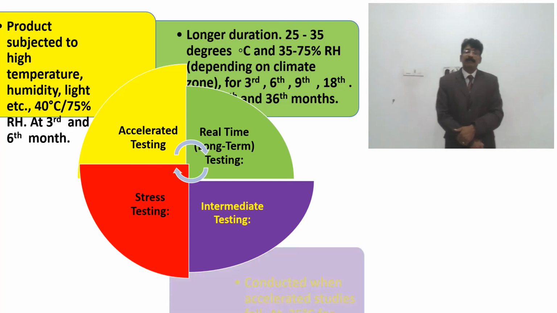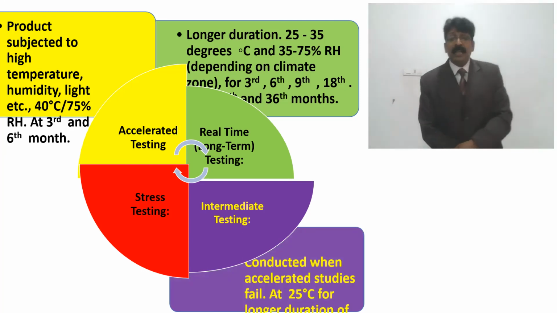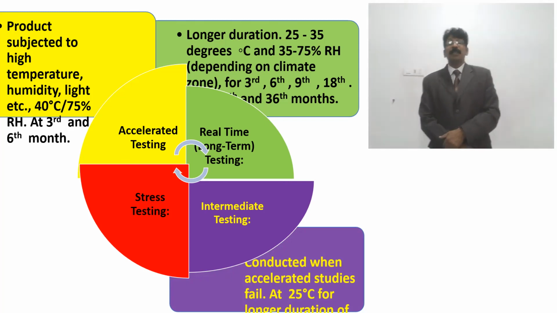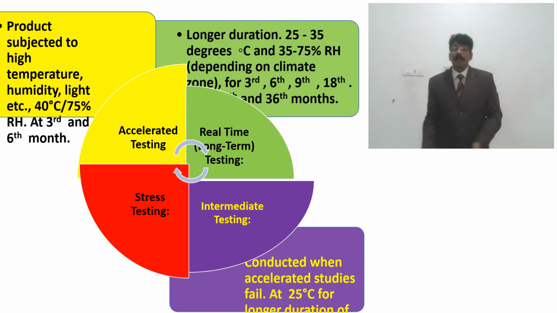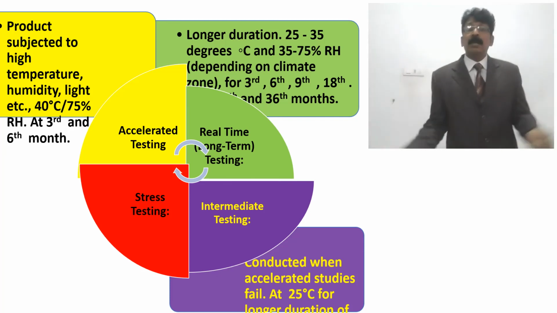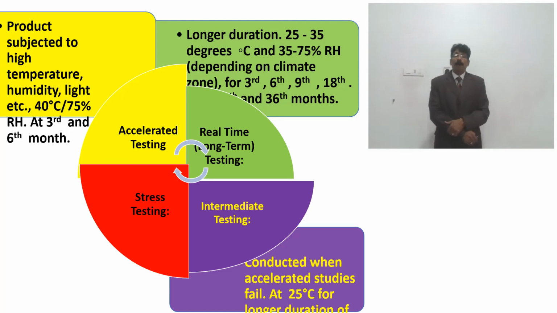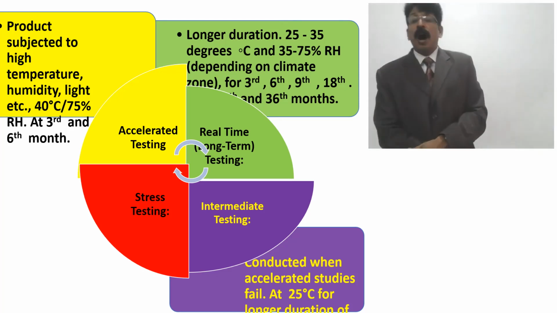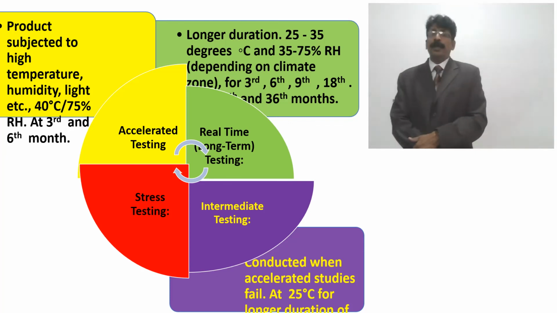Intermediate is also the same, conducted when the accelerated study fails, at 25 degrees or longer duration, as we have shown in real-time testing. It can go for 3 months, 6 months, 9 months, 12 months, 18 months, 24 months, 36 months. In the intermediate testing you can also study the degradation of certain chemical and physical properties. That is what we have seen in the definition.